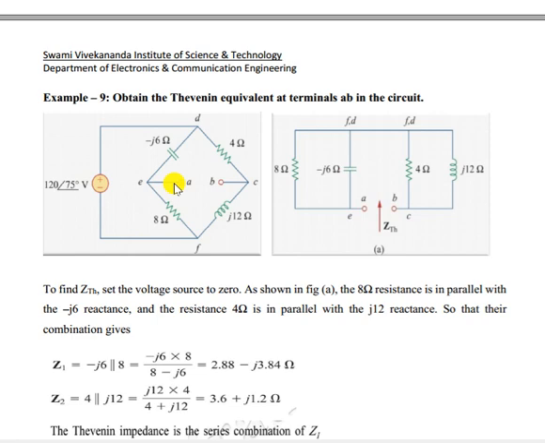What we can see, at this A, these two, 8 ohm and minus 6J, both are in parallel, and these two reach at points D and F, where D and F is short circuited, because when you have to find out this Z equivalent, we have to make independent sources deactivated and voltage source short circuited. So this F and D point is the same point. Even from B we have 4 and J2 and it reaches the FD point.